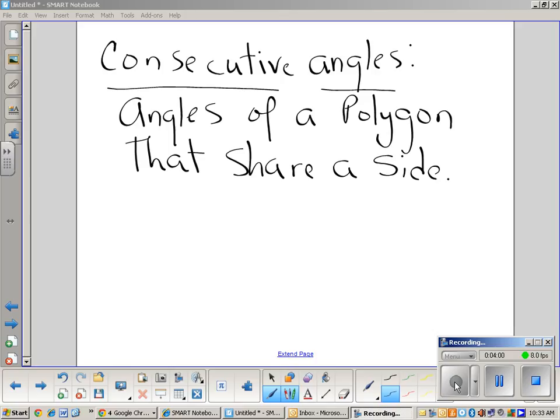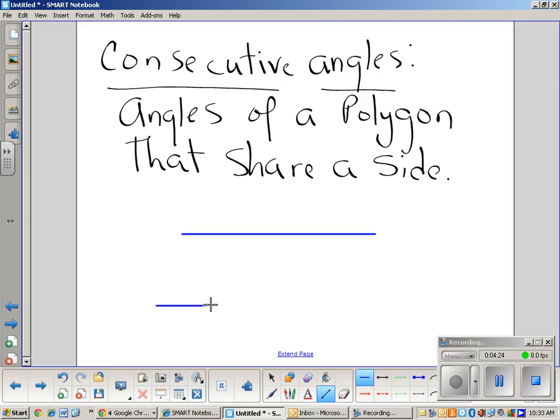Okay, we're also going to use the term consecutive angles, and we need to be all on the same base. Consecutive angles of a polygon are angles of a polygon that share a side. So if we think in the terms of a parallelogram, I'll just draw a really quick parallelogram here.